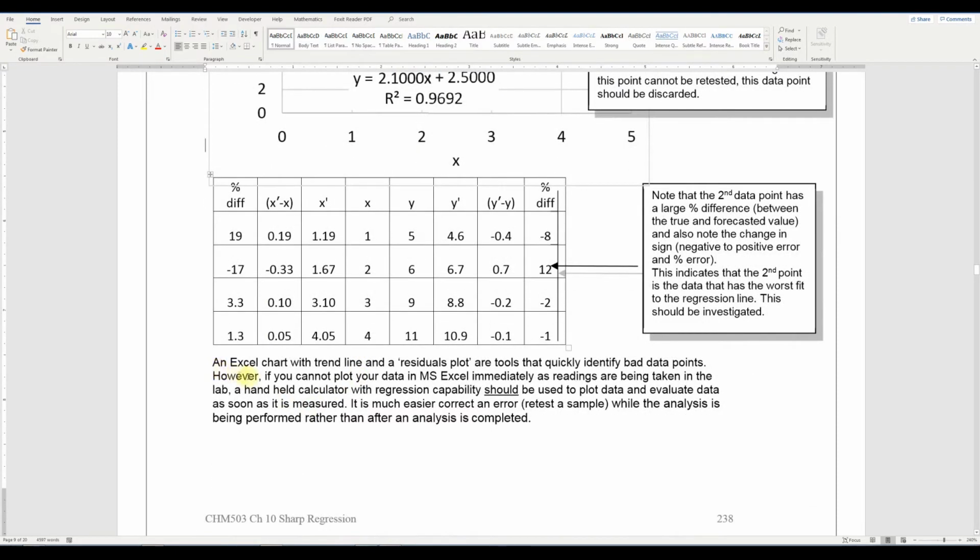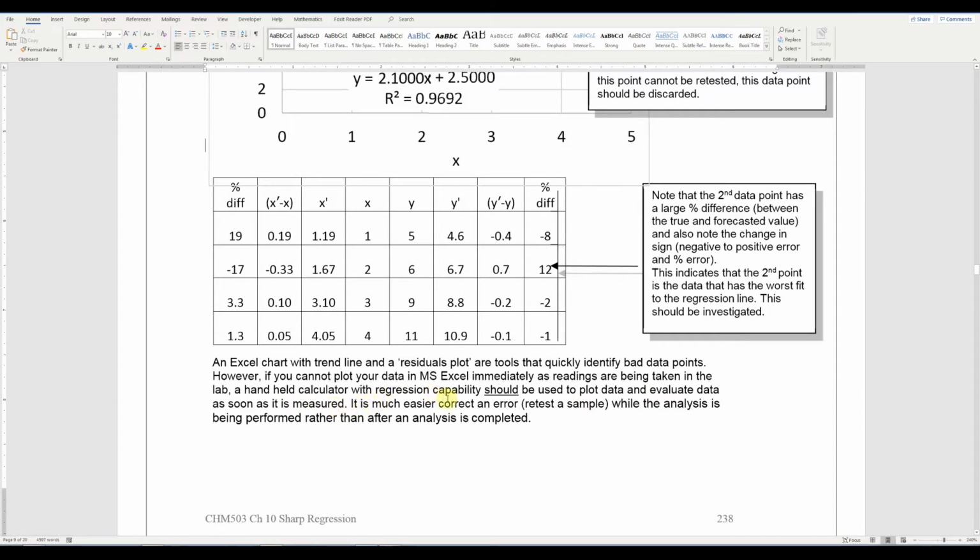So an Excel chart with a trend line and a residual plot, which I'll show you later, are tools that quickly identify bad points. However, if you cannot plot your data in Excel immediately, as readings are being taken in the lab, then a handheld calculator with regression capability really should be used to plot your data in real time as soon as you get it, and evaluate your data as soon as it's measured.